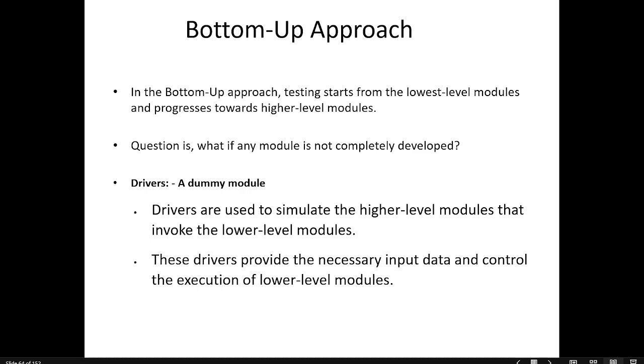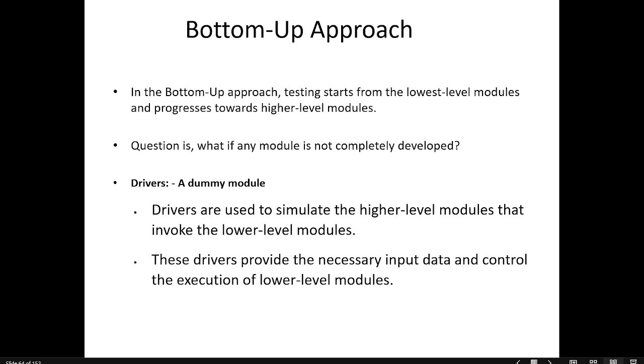Question: what if any module is not completely developed? A couple of slides back we were discussing the same thing, like the module is not ready or only partially ready, and it should have some interface between two modules, or the control or data is passing through that particular module. How can I test? The answer is here.